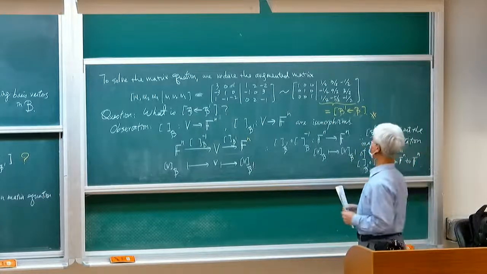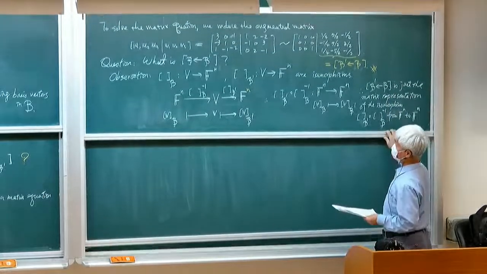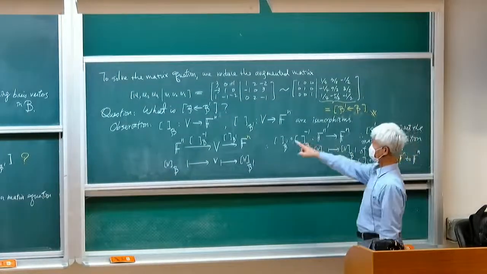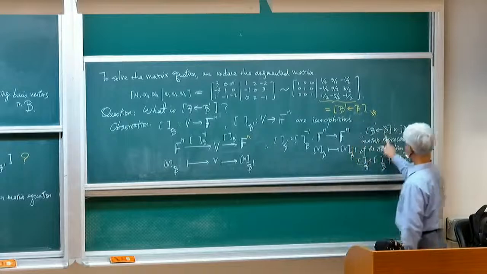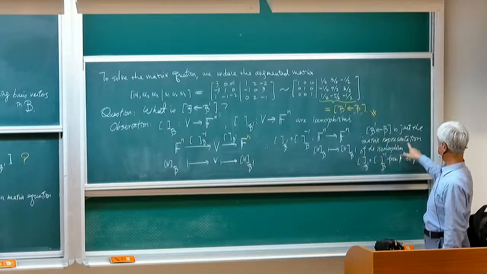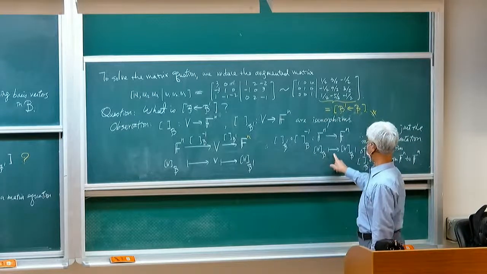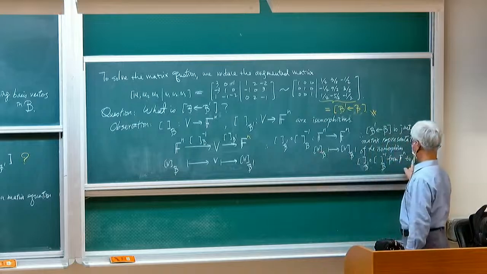All right, so from this discussion, we know that actually this transition matrix is indeed the matrix representation of this isomorphism from Fn to Fn.